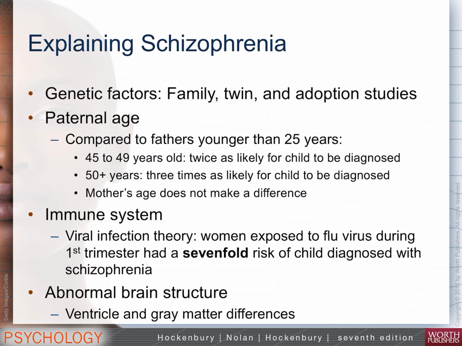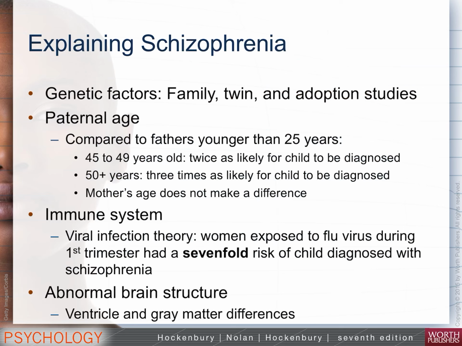Another potential explanation is the immune system viral infection theory. Women who are exposed to the flu virus during the first trimester have a 7-fold increased risk of a child who may later develop schizophrenia. And mothers who were exposed to the flu virus during the first or second trimester show an increased rate of a child developing schizophrenia.